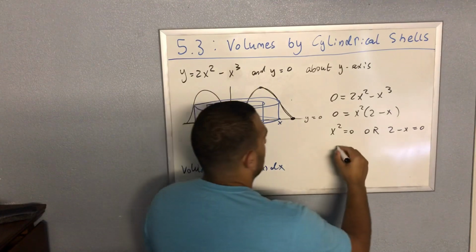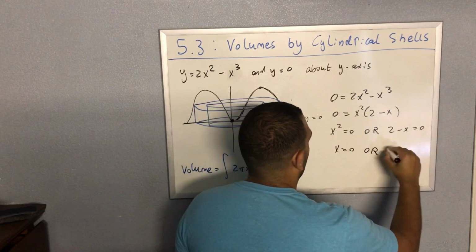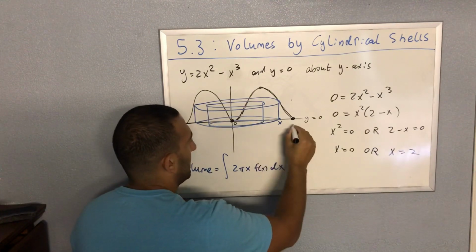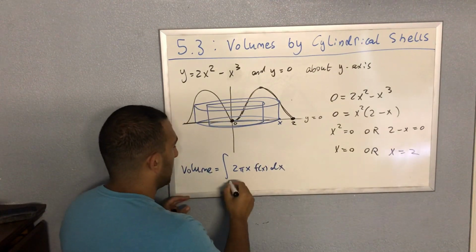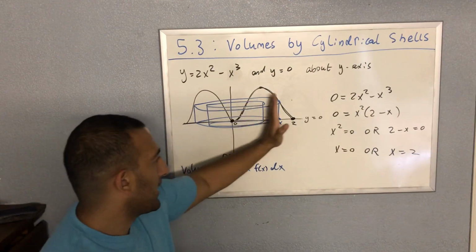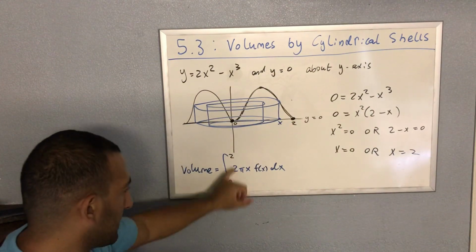And then that tells you either x is 0 or x is 2. So exactly, we know that this is 0 and this is 2, and those will be the limits of integration, because we're going from a to b, 0 to 2.